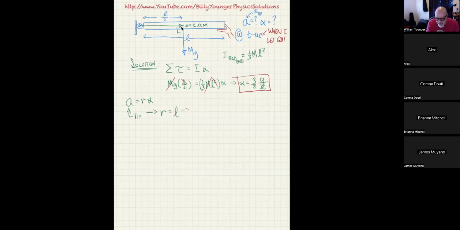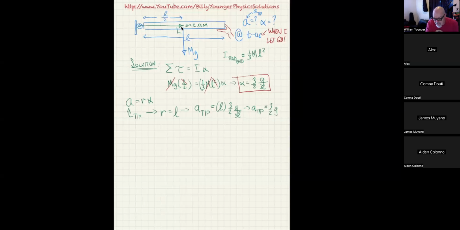So now what I can say is the acceleration of the tip. And this isn't that impactful right now, but it's basically going to be L times 3/2 g over L. So you see that the acceleration of the tip is in fact going to be 3/2 g.